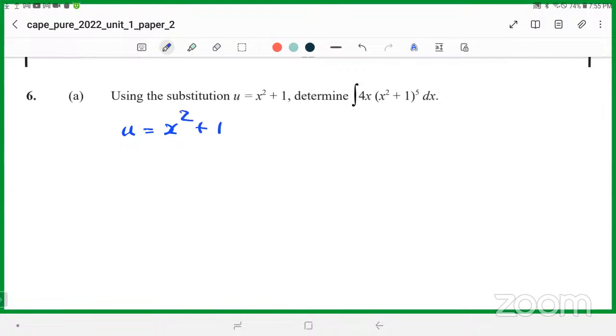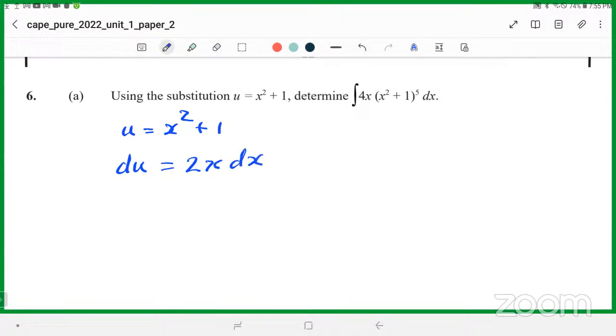Now, we need to be able to substitute for the expression in here, out here, but also have to be able to substitute for the dx. So I have to differentiate this expression. When I differentiate the left side, which is u, I'm going to get 1 du. I don't need to show the 1. When I differentiate the right side, I'm going to get 2x dx.